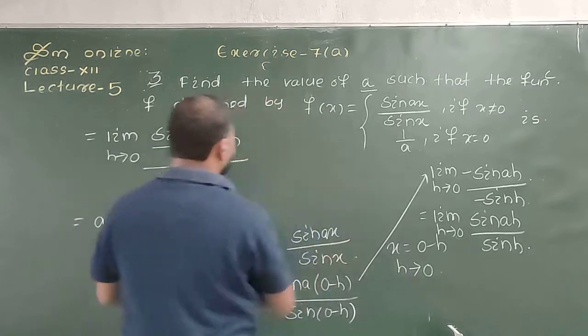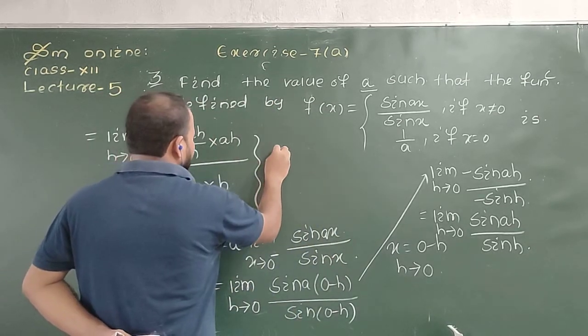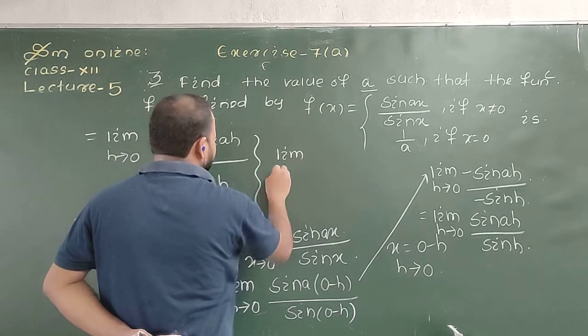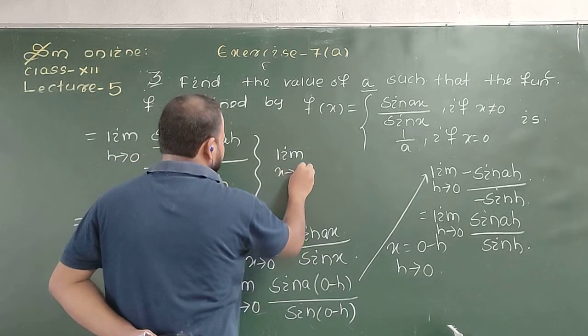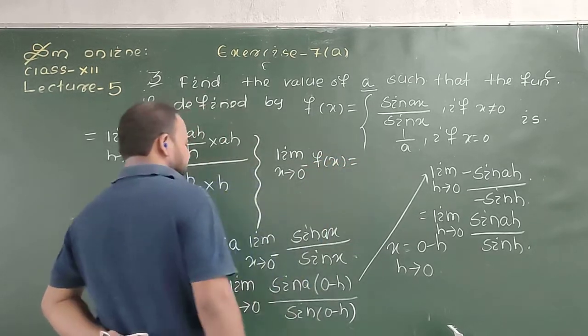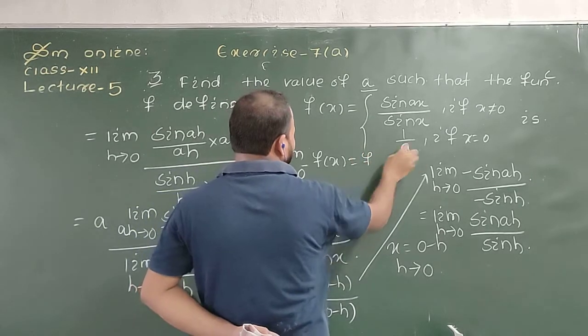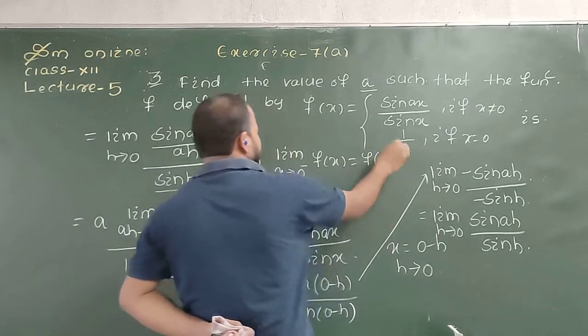So we have limit x tends to 0 minus f of x equal to a. The first equation we wrote, that is the functional value f of 0.